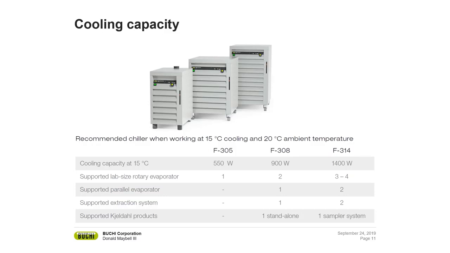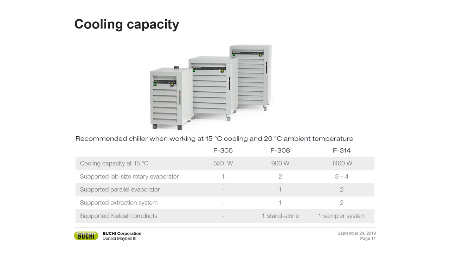For example, if you set the chiller to 5 degrees Celsius and it does not have adequate cooling capacity, what you will see is throughout the process, the chiller will heat up from 5 degrees Celsius to 10 degrees Celsius. That means that at 10 degrees Celsius, you do have adequate cooling capacity, but at 5 degrees, you do not. So if you want to keep the temperature constant at 5 degrees, you're going to need a larger chiller. That's when you would upgrade.